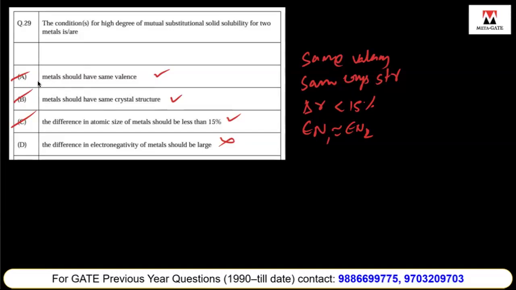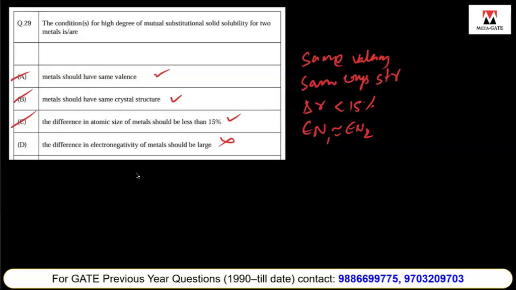If metals have different valencies, it will be more challenging for the atoms to replace each other. Metals should have the same crystal structure. The crystal structure refers to the arrangement of atoms. So if there is the same crystal structure, it is more advantageous. A similar crystal structure ensures that the atomic arrangement is maintained and the spacing is compatible.